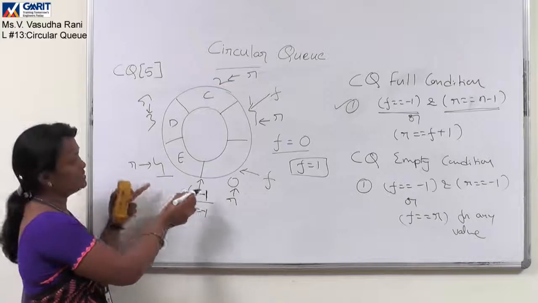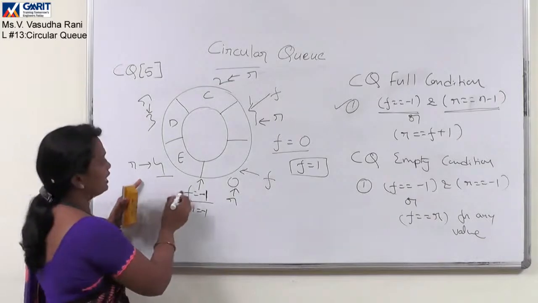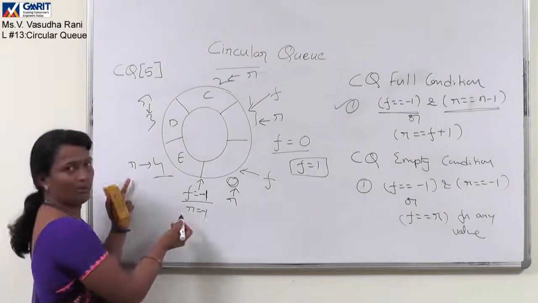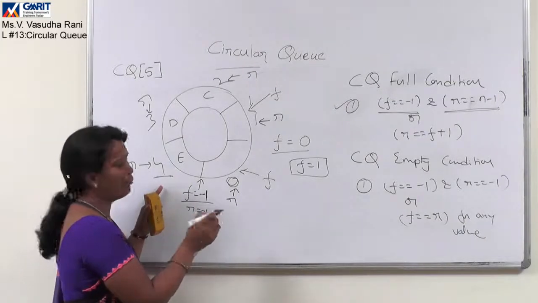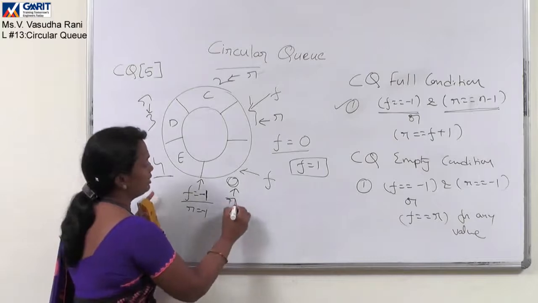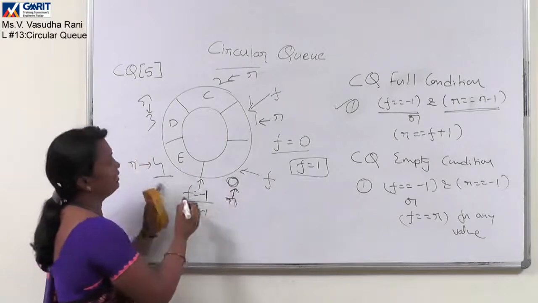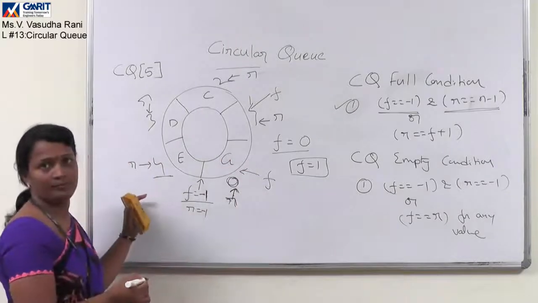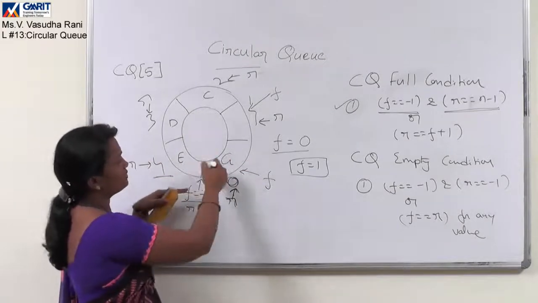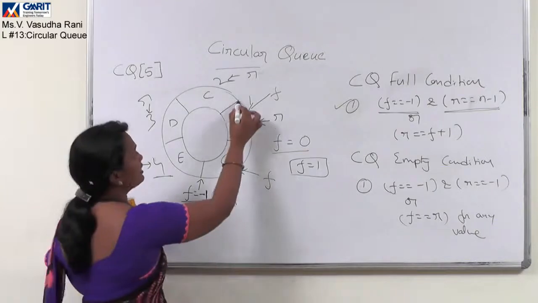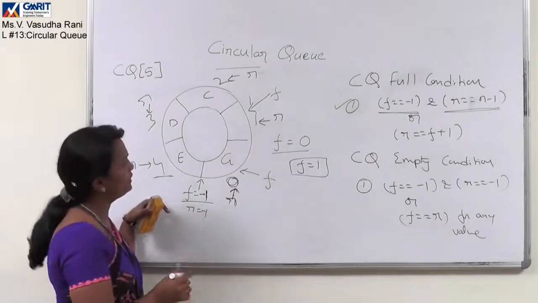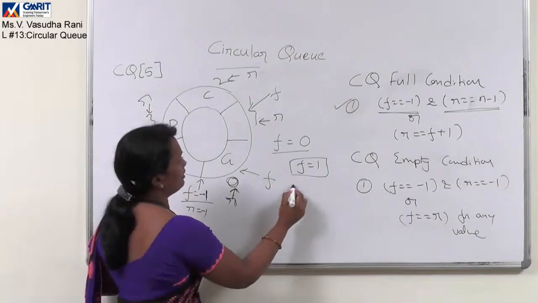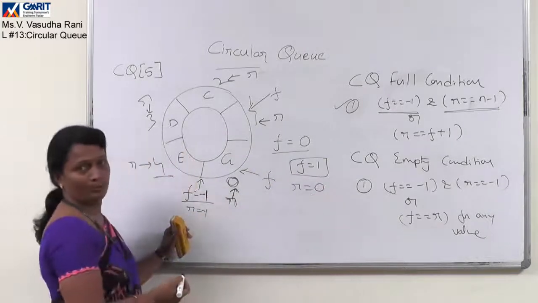Now if you try to insert one more element, where will you insert? Our rear's current value is 4, so you go for rear equal to (rear plus 1) mod size. So your rear now refers to 0, and you have inserted some G, assume that. So G is inserted. Now if you observe the status of your circular queue, there is one empty location, it is not full, and our front is 1 and our rear is 0.